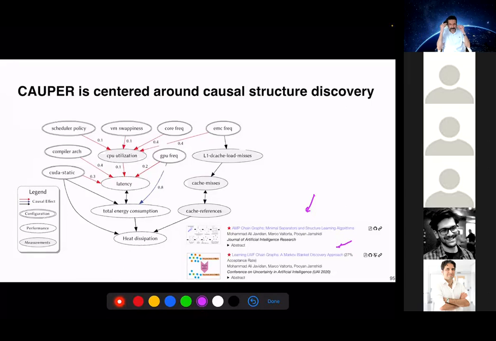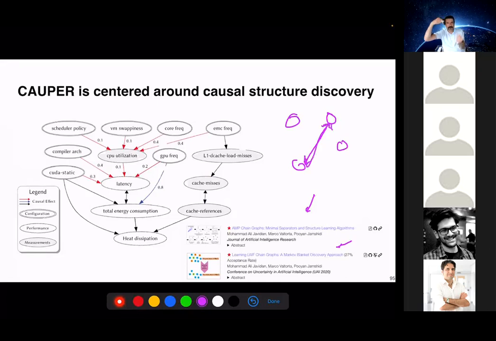But the key intuition is that imagine you have some data and you run some independence tests. When you have data about some variables, you want to look at whether these two variables are dependent or not. Then you run independence tests, which are a standard statistical test, and determine whether there is a connection this way or that way or two-way, right?